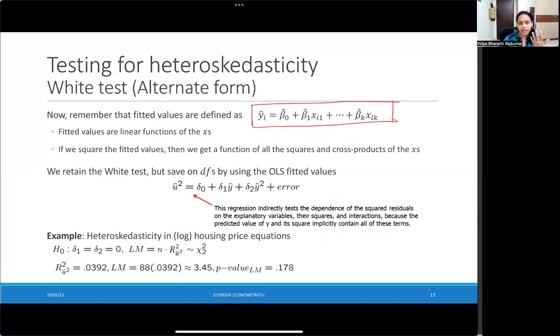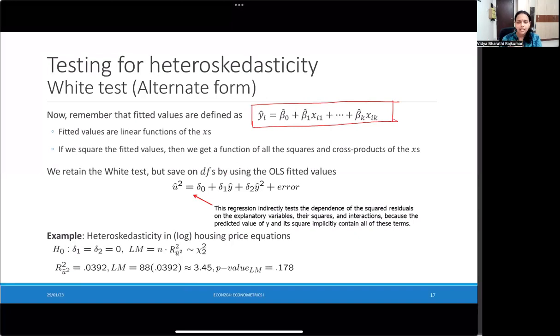So we can get the predicted values once we have the regression. Now these fitted values are all a linear function of your x variables. So if I take this predicted value and square both sides, I'll have y hat square on my left-hand side, and the expression on the right-hand side will include squares and cross products of the x variables.